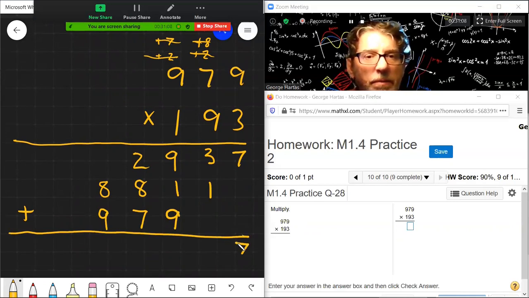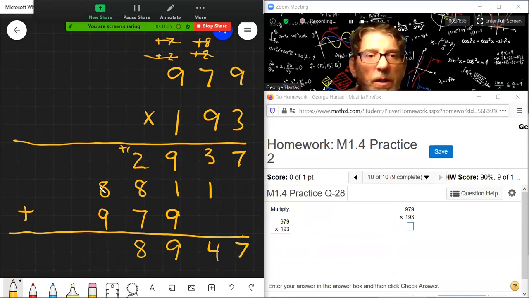7, 4. 9 plus 1 is 10. 10 plus 9 is 19. Right-hand digit, left-hand digit. 2 plus 8 is 10. Plus 1 is 11. 11 plus 7 is 18.